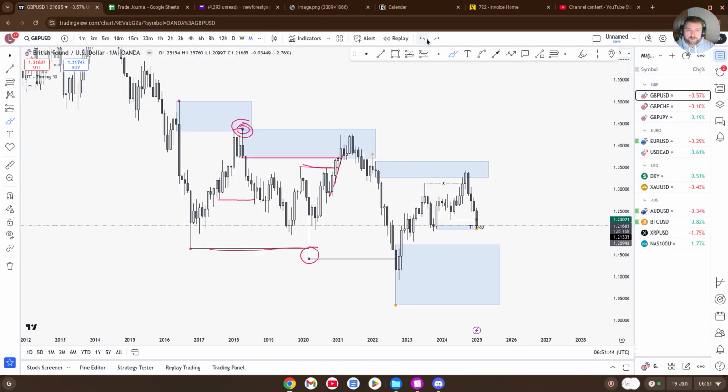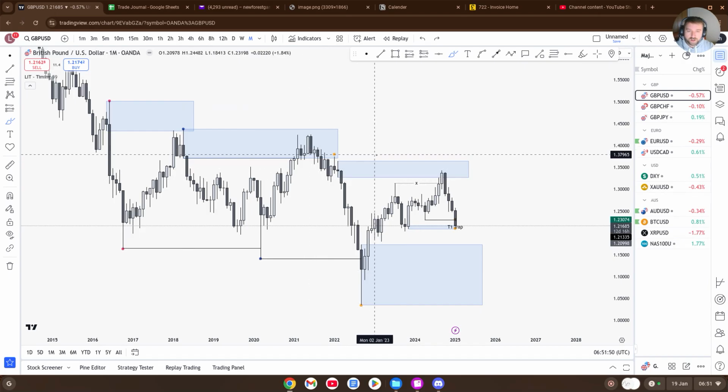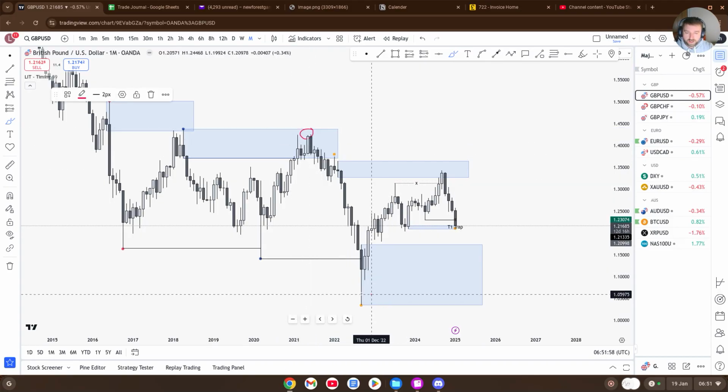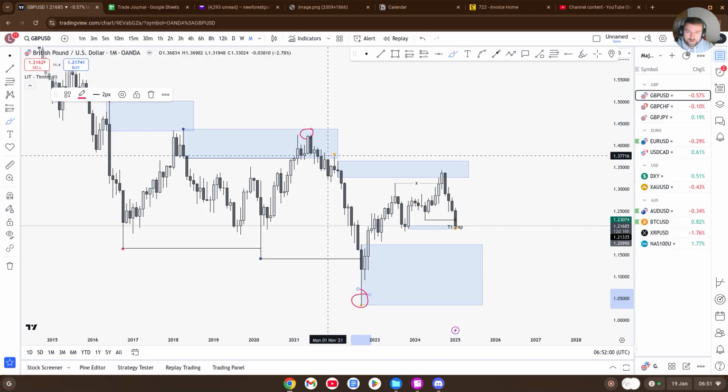So my current range at the moment, because I got it wrong, I was looking at this before and I was thinking this is the high, this is the low, and this is internal range liquidity.